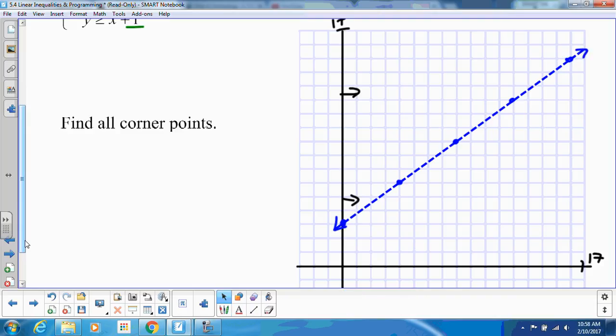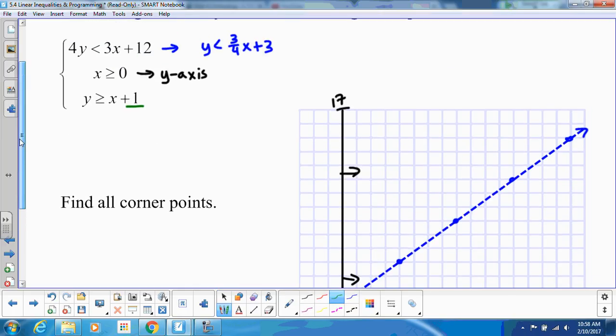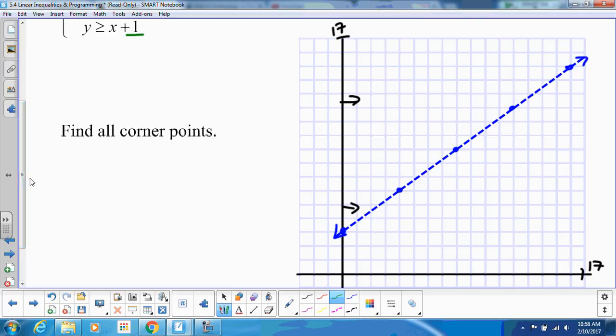I'll grab, and let's see, it's less than, so that above or below? Below. So I'm down here. Now my third inequality, my y-intercept is 1 and my slope is 1, so up 1, right 1. Will this line be solid or dashed? Solid.